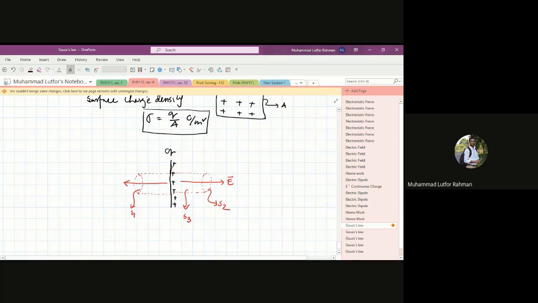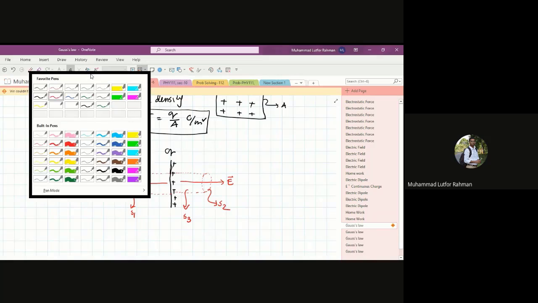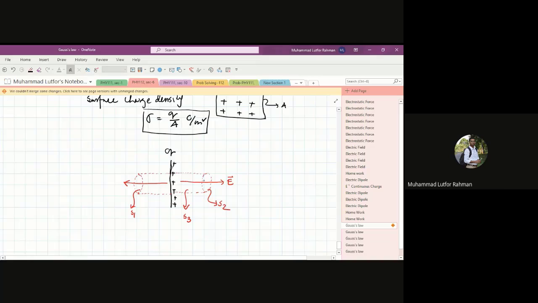Now I have to find the area vector for these three surfaces. Since this one is surface S2, the area vector will be toward that direction, radially outward, say dA2. And for S1 it would be toward that direction, inside to outside. This is the direction of the area vector, since area is a vector. And for this curved surface, which is S3, it will always be toward that direction.